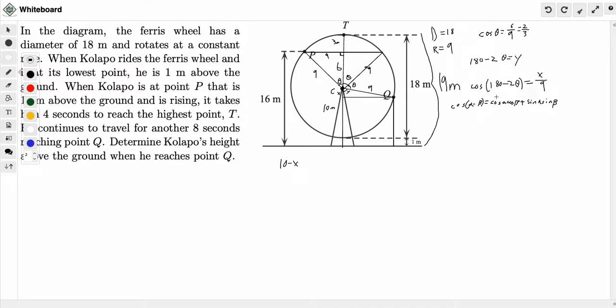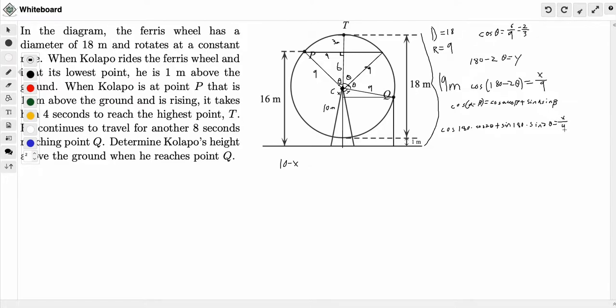If we apply that equation to here, it will be cosine of 180 times cosine of 2 theta plus sine of 180 times sine of 2 theta, which equals x over 9.